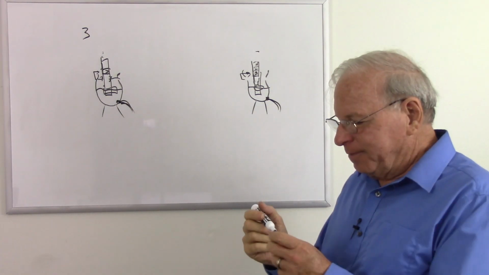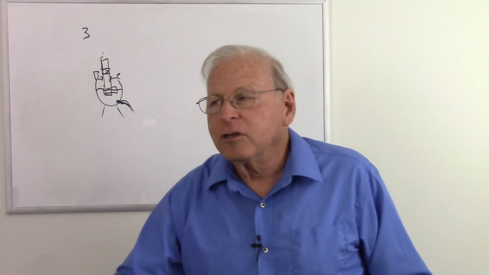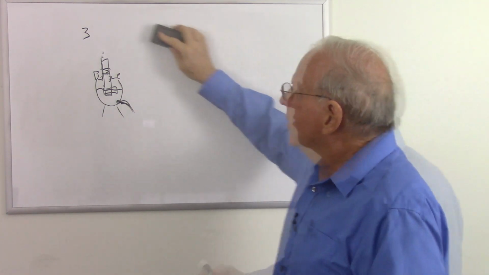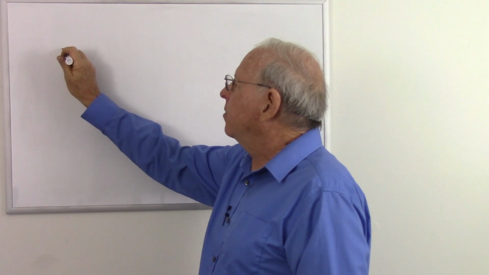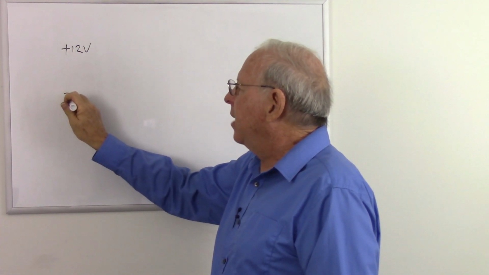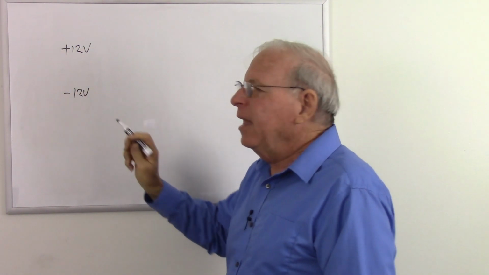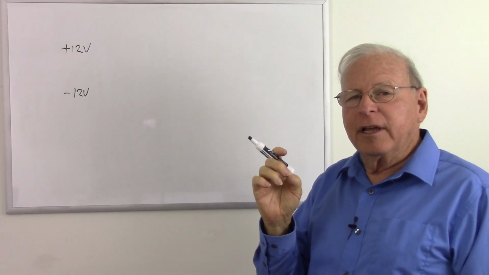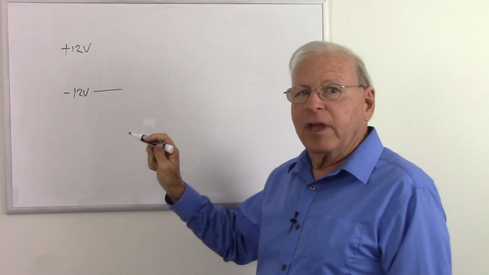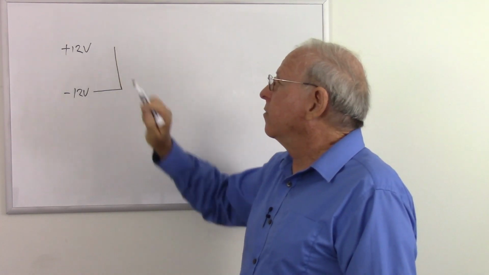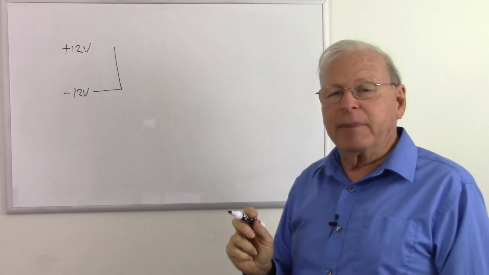Well, that signaling is almost identical to RS-232. RS-232 can use a range of voltages, but basically it's based on plus 12 volts and minus 12 volts. And when one computer wants to send information to the next, it's sitting at minus 12 volts, and it raises that to plus 12 to say, I am ready to send a message.